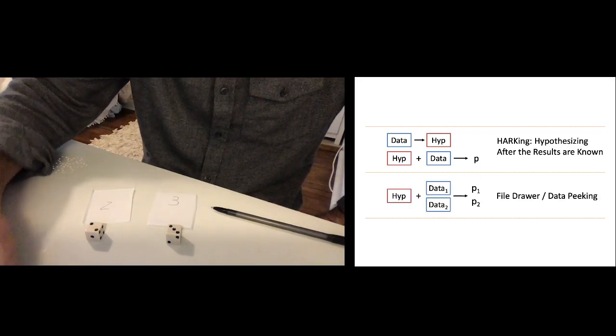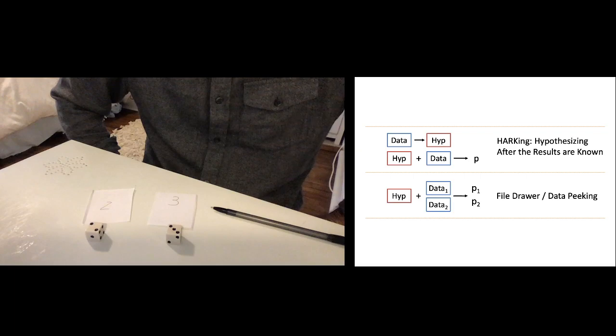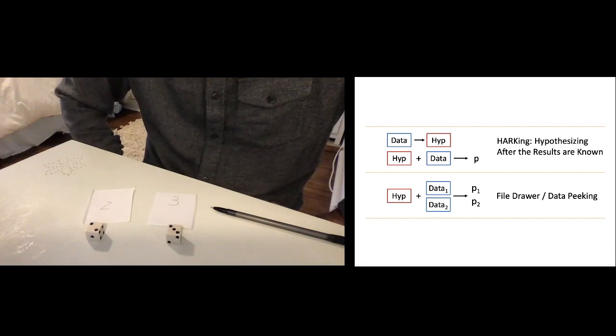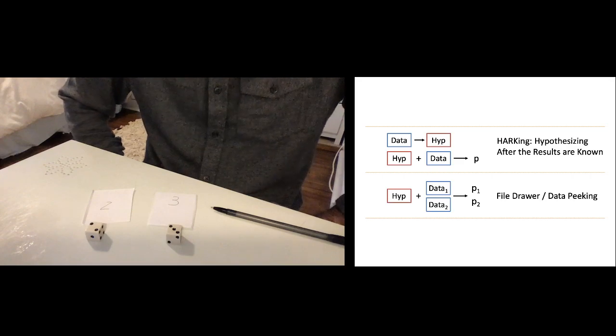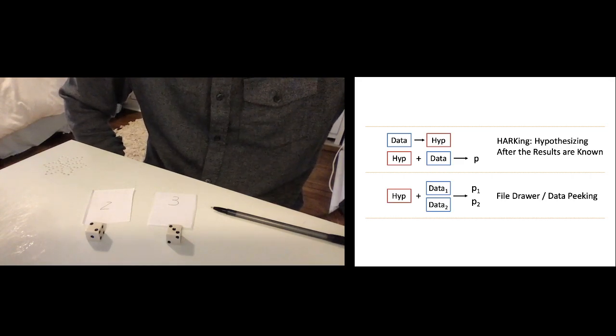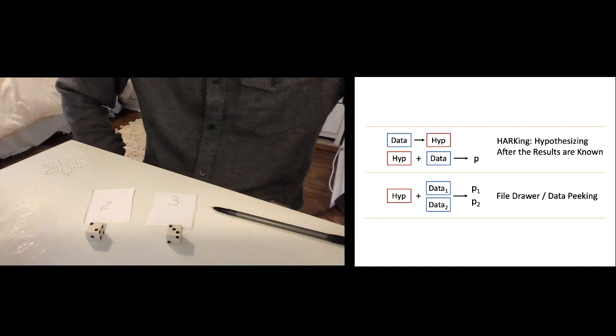And so this way to get an invalid p-value is referred to as a file drawer problem or a data peeking problem, meaning that we did properly select one hypothesis ahead of time, but then we applied that hypothesis to many different data sets, and we're only reporting the data set that actually worked.